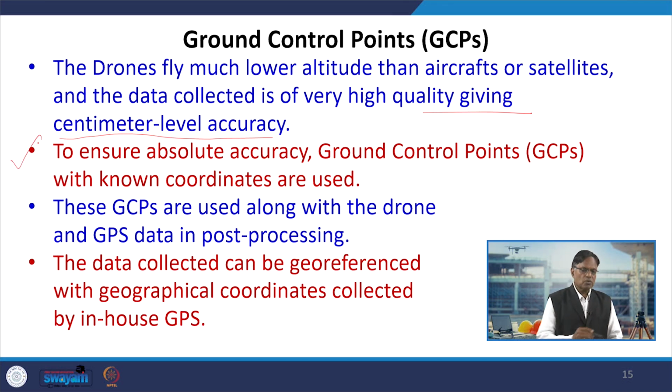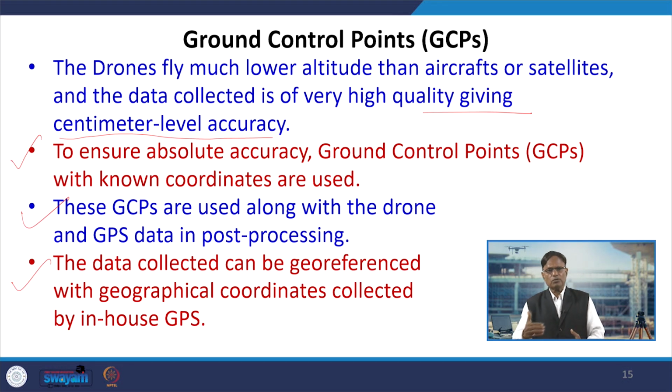So, there is a term called absolute accuracy and there is a term called relative accuracy. Here we are talking about the absolute accuracy of the point. These GCPs are used along with the drone and GPS data in post processing. So, when we are post processing the data, these GCPs play a very important role, and the data collected can be georeferenced with geographical coordinates collected by in-house GPS.